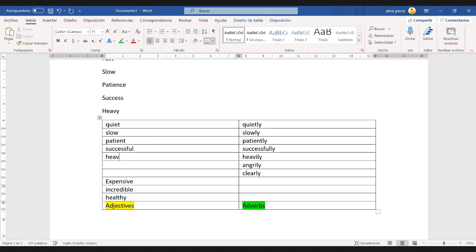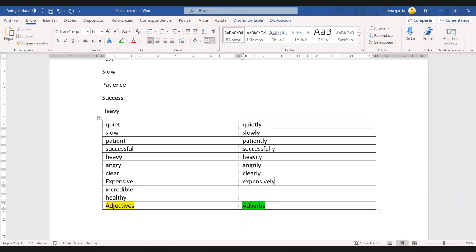Or angrily as an adverb, the adjective is angry. And clearly, the adjective is clear. Expensive as an adverb would be expensively.